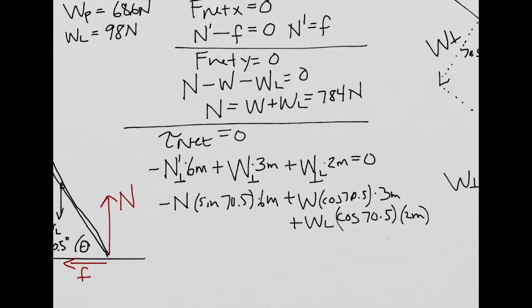So in this equation, I know everything but N prime. I know the sine of 70.5, I know the 6 meters, I know W cosine 3 meters, W_L cosine 2 meters. So I can solve this to find N prime. And it turns out that N prime equals 131 newtons.